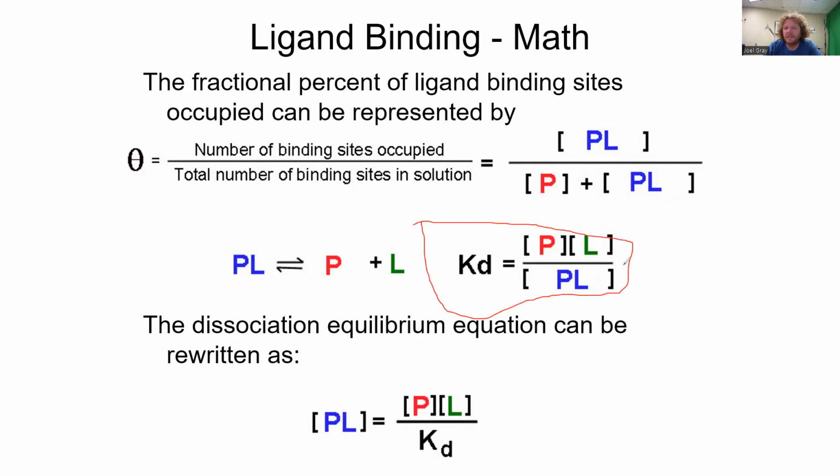We're multiplying each side by PL and then dividing each side by Kd. In some cases, that division is going to reduce it down to 1, and in others, it's going to leave our equation like this. So the protein ligand complex concentration is equal to the free protein concentration times the free ligand concentration divided by Kd.